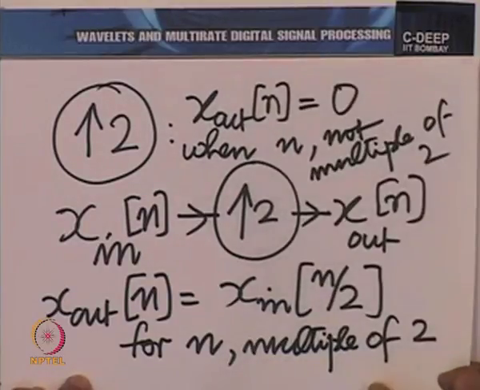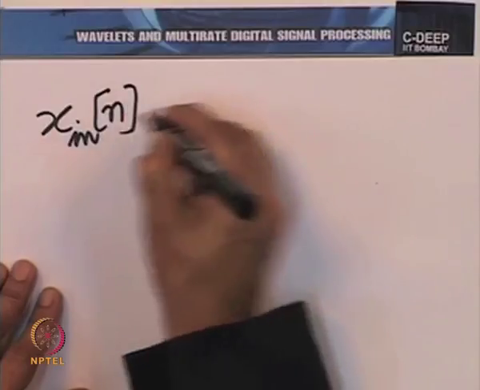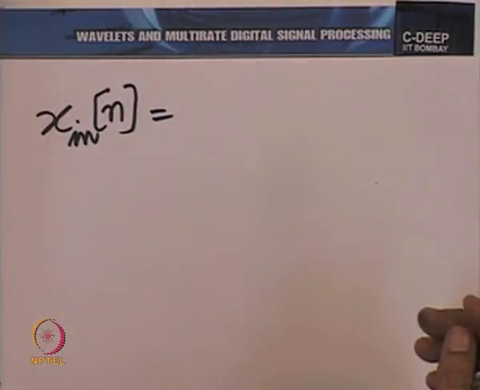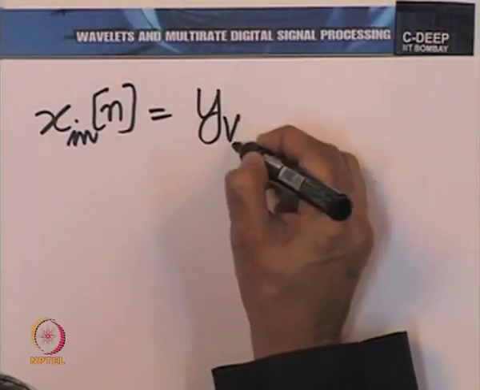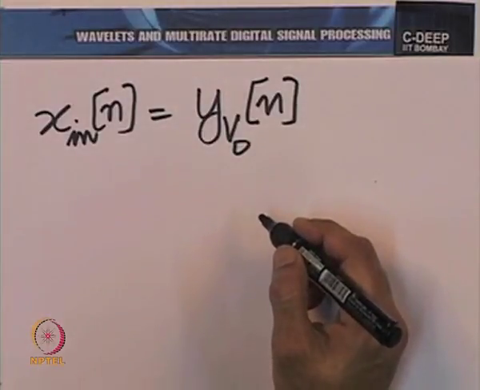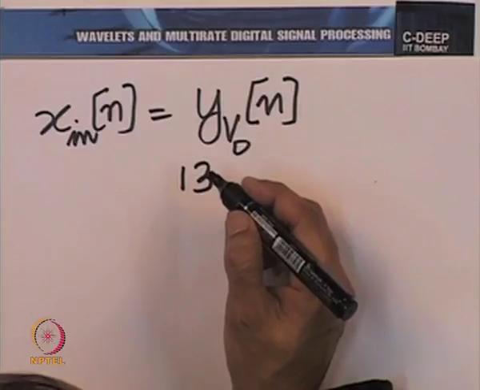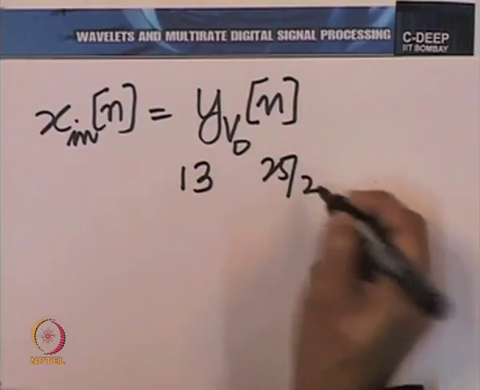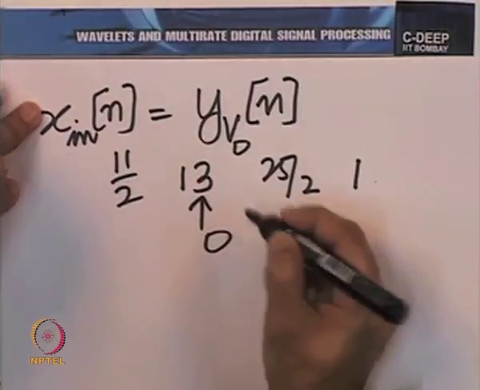So, let us illustrate this operator. For example, suppose x in of n happens to be the following sequence. Let us take the very sequence that we have for yv0. So, I have yv0 n: 13, 25 by 2, 1 and 11 by 2 marked with 0.